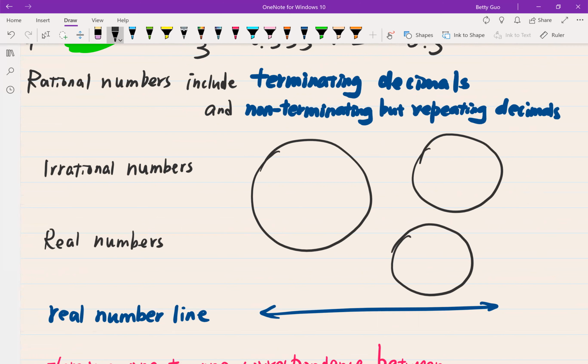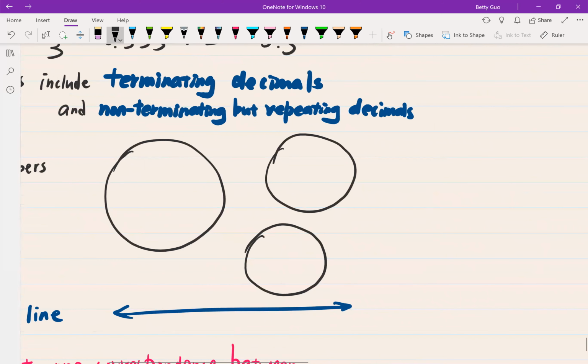For any given circle, consider the ratio of the circumference and the diameter. What is the circumference? The circumference of a circle is the distance around the circle.